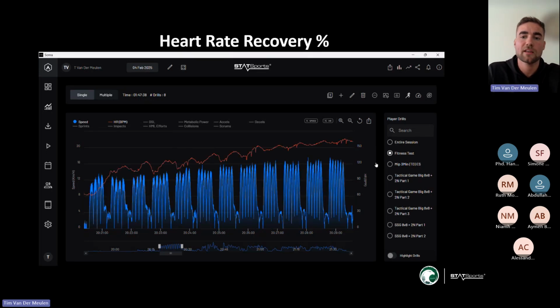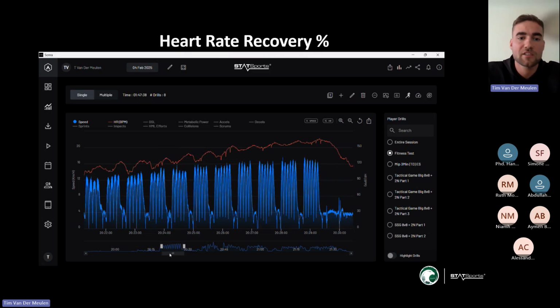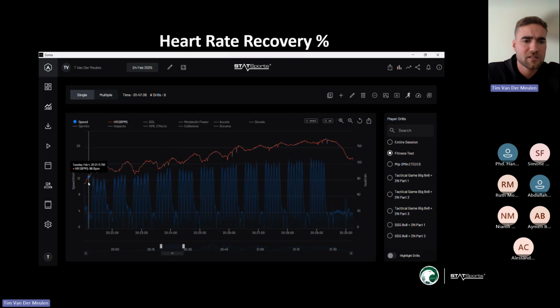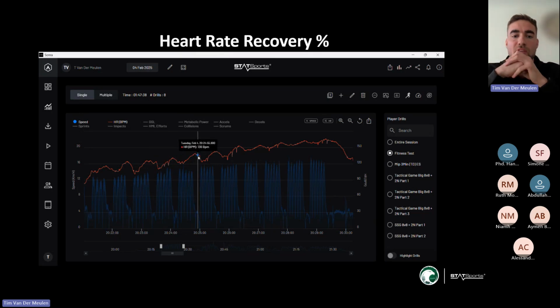For this example, I've selected the fitness test, and as you can see, the red line on top visualizes the heart rate. This fitness test was about 4 runs, a little bit of rest, 4 runs, and again, and so on. Each time the heart rate increased and it decreased between those runs because of the rest.